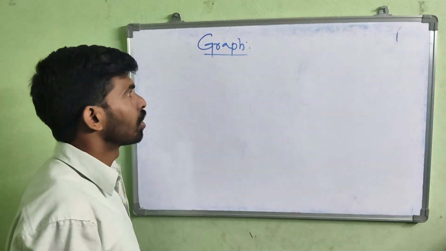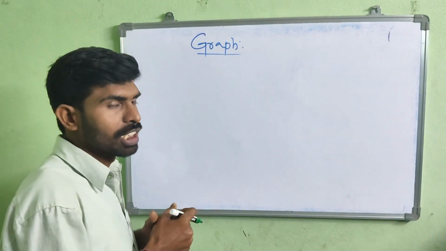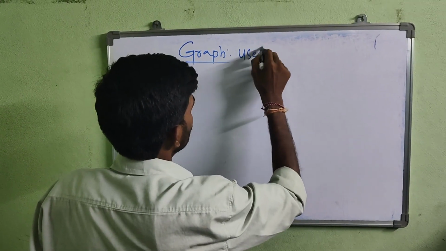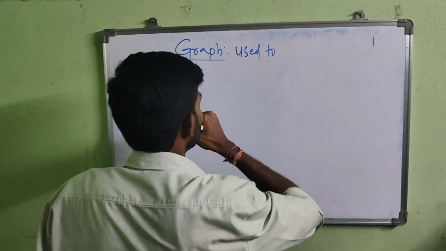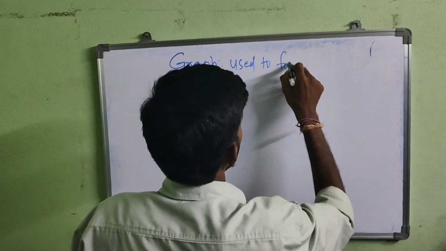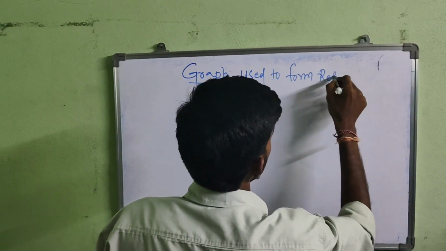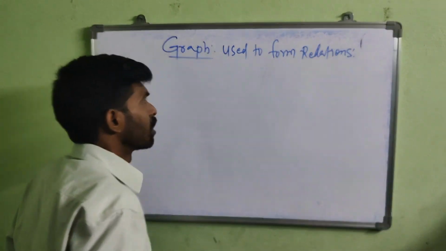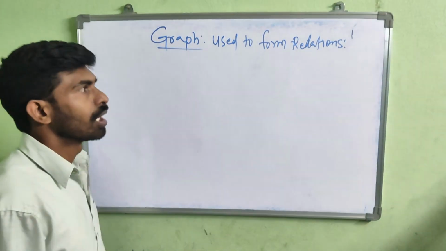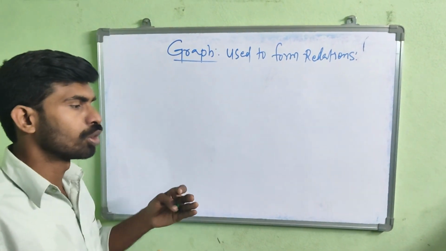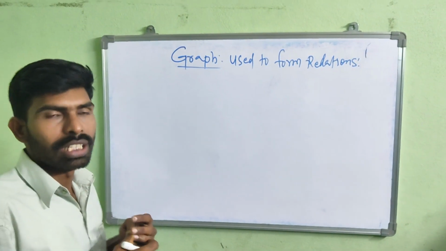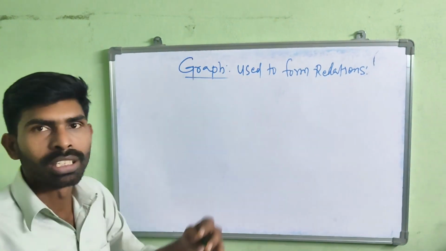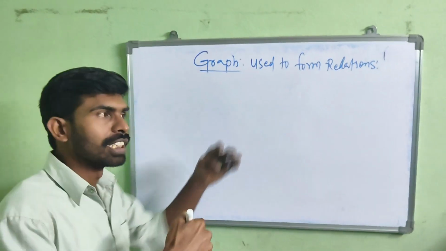By the graphical representation we can form the relations. Okay, graphs are used to form relations between two different criteria, like stress and strain, or x and y, and the price and the demand.